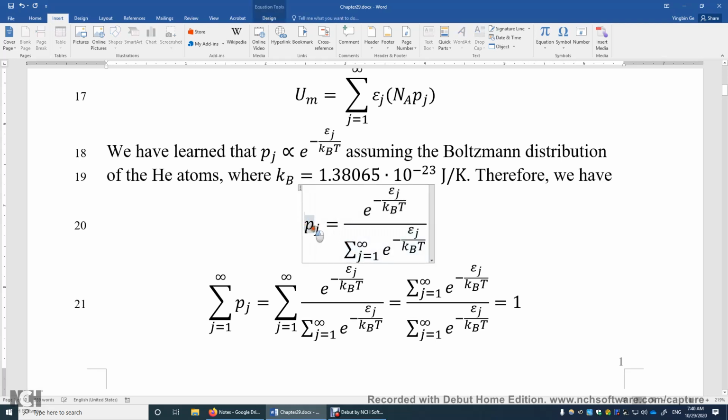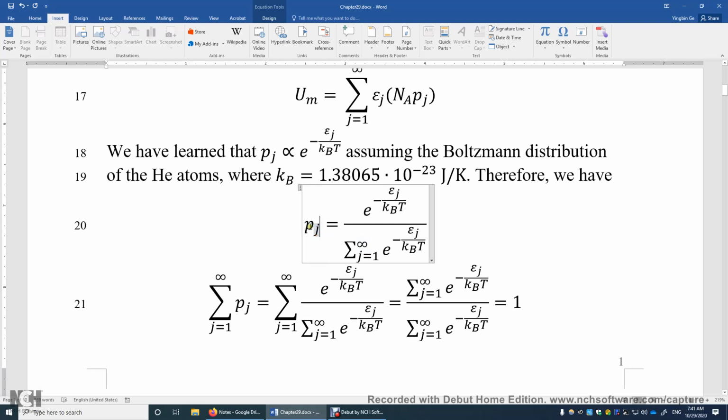So we know this p sub j, the probability, is proportional to e to the power of negative epsilon j over kBT. So what is this sum about? Well, this is the normalization factor. By dividing this exponential function by the sum of all those exponential functions, we can ensure the sum of the probabilities is exactly 1 or 100%.